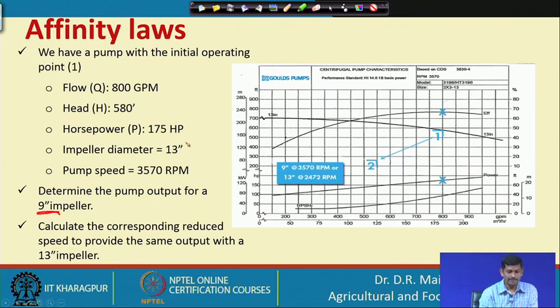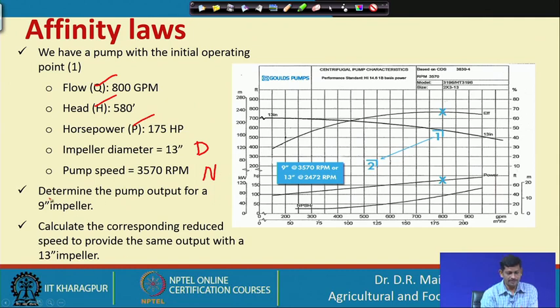Here, for a particular impeller diameter and particular speed, let us say this is D1 and N1. So, this is Q, H, P, and this is D and this is N. Knowing this, you can estimate Q1, H1, P1, D1, N1.